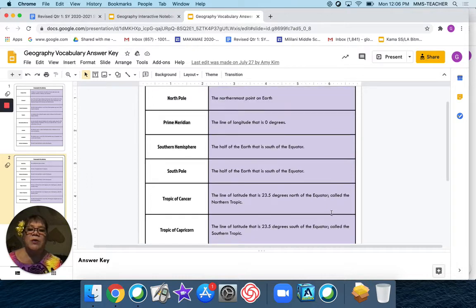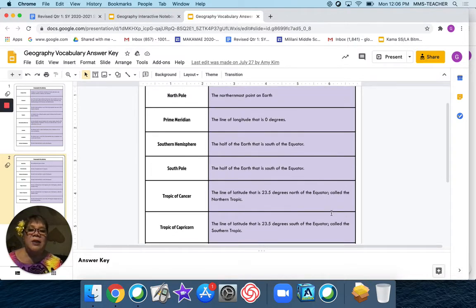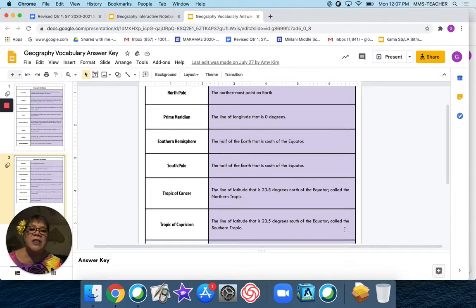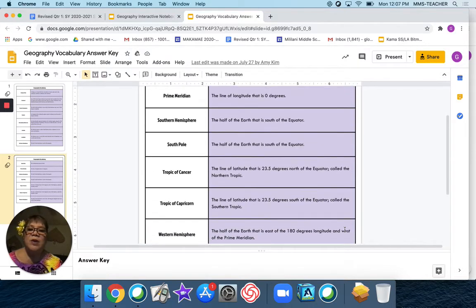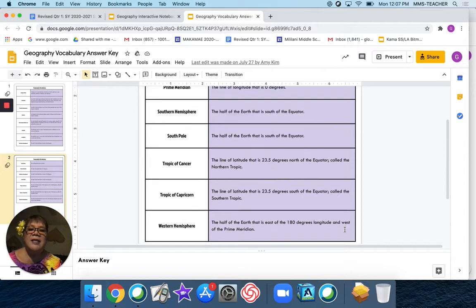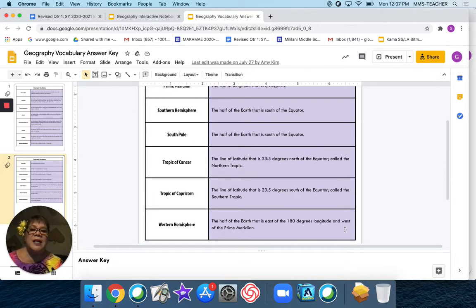Tropic of Capricorn. That is the line of latitude that is 23.5 degrees south of the equator, called the southern tropic. Okay, Western Hemisphere. That is the half of the earth that is east of the 180 degrees longitude and west of the prime meridian.